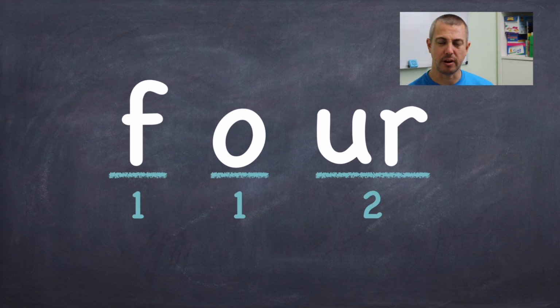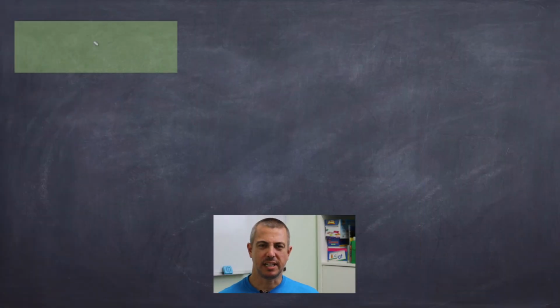Now that controlled R sound doesn't allow the vowel to say any sound at all except for the sound of or, okay? So for the word for, we need to help them understand how that word works by breaking it apart phonetically correct so they can hear those individual sounds and spell them out appropriately.